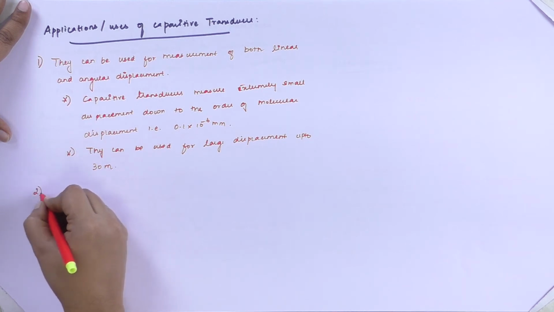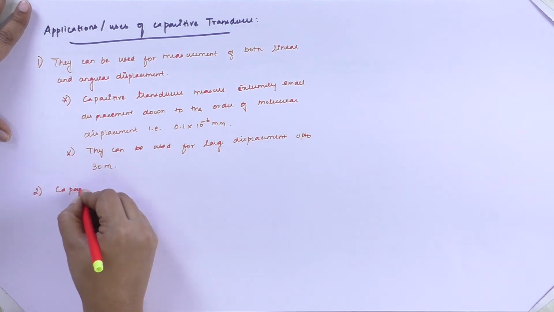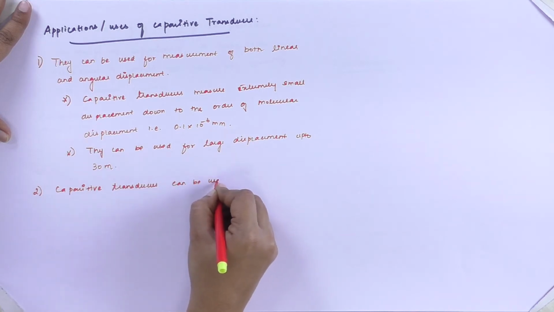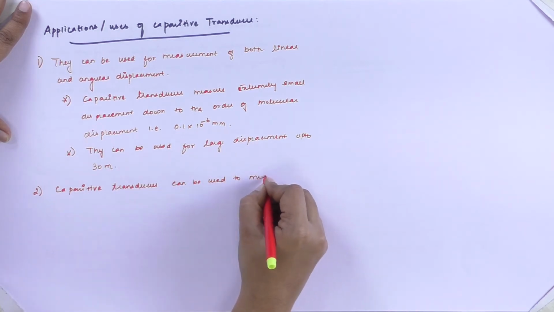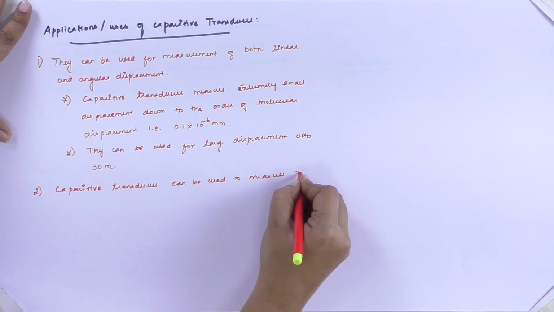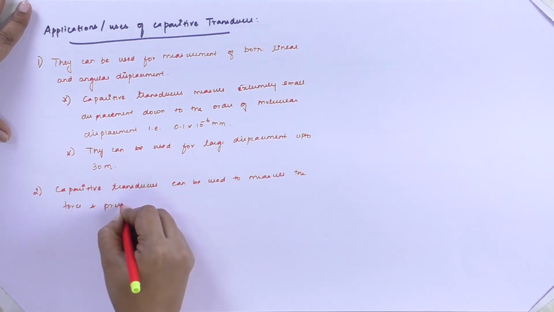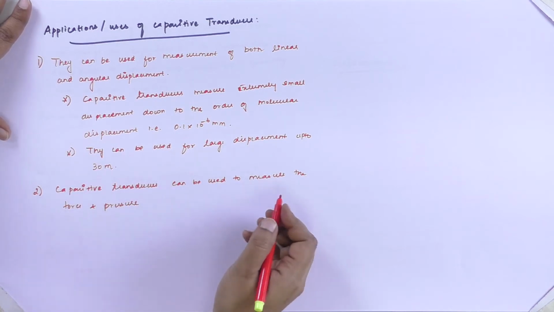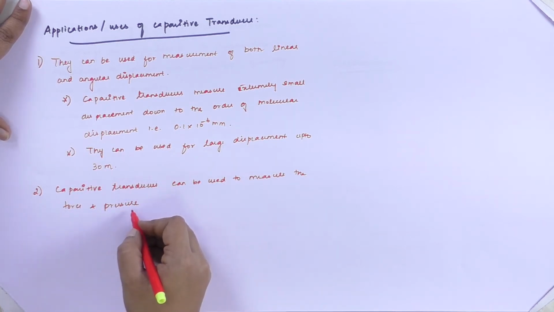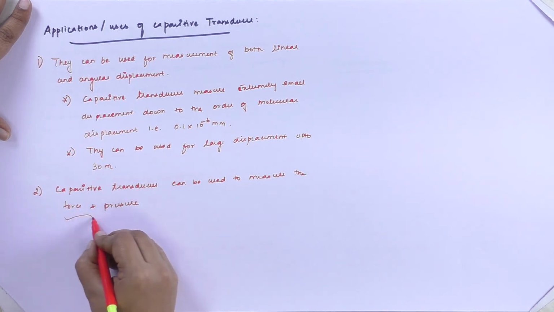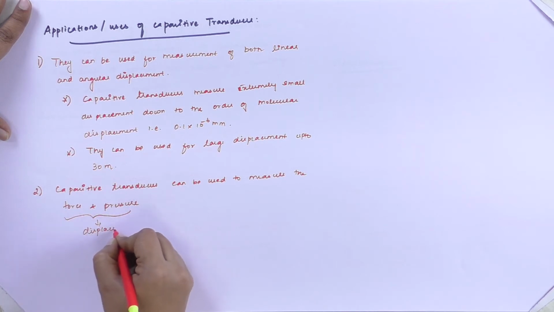And the second application is the capacitive transducer can be used to measure the force and pressure. First, the force and pressure is converted into displacement.